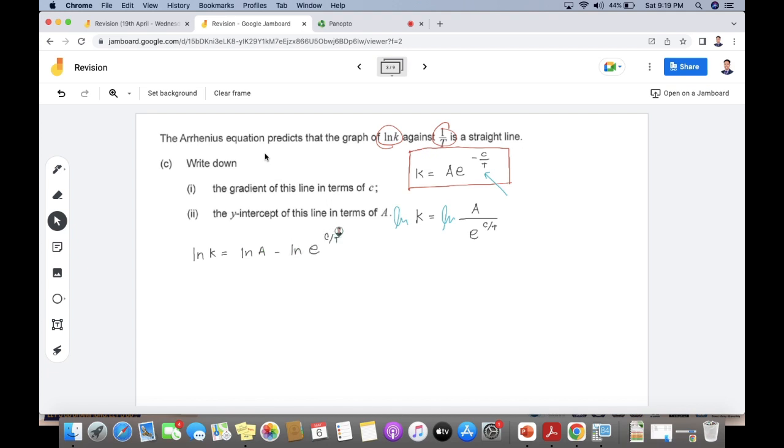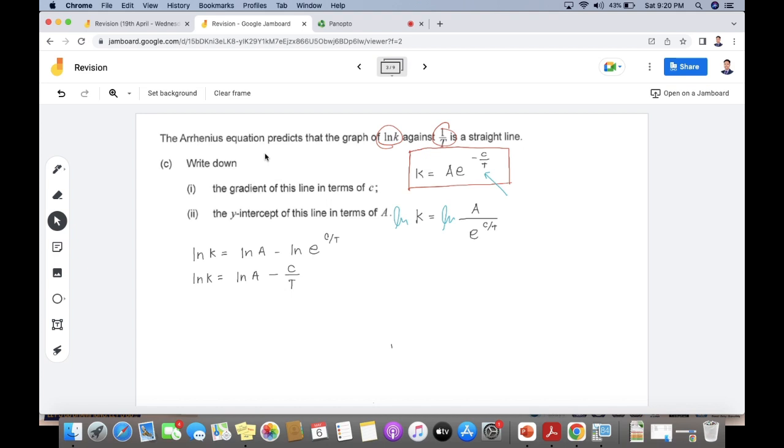All right. So from here, we can simplify it as ln of k is equal to ln of A, and the ln of e, you know that already, will just be minus C over T. When you take the ln of the natural number e, the result will be its exponent.